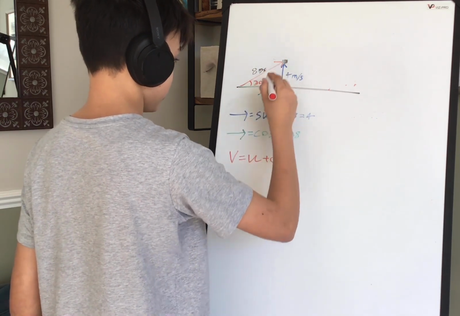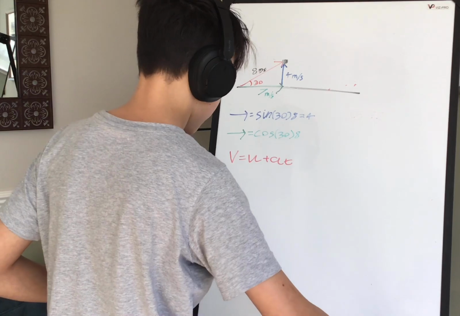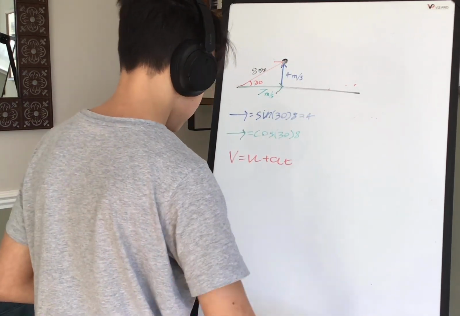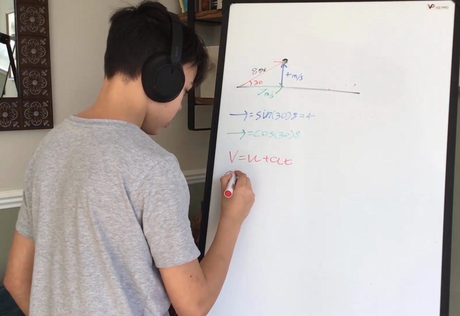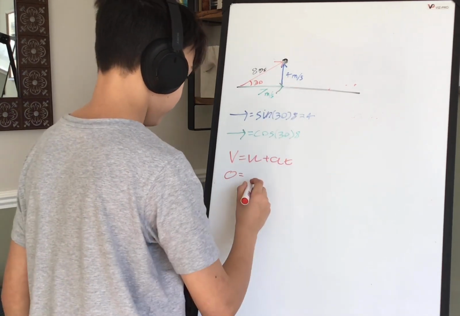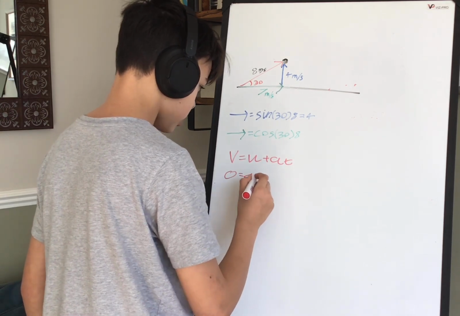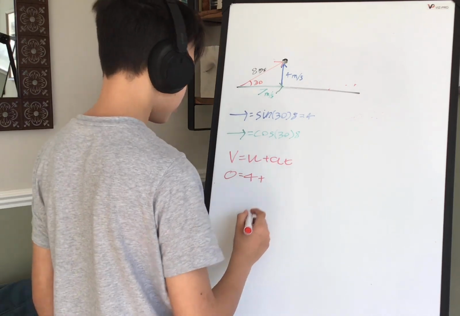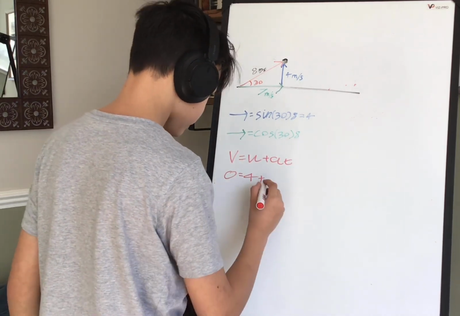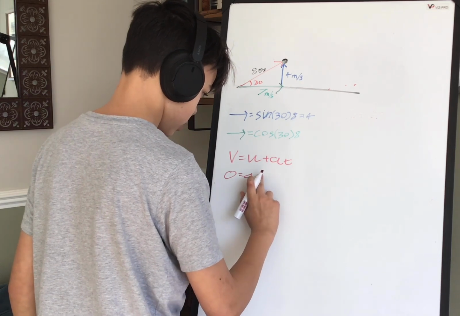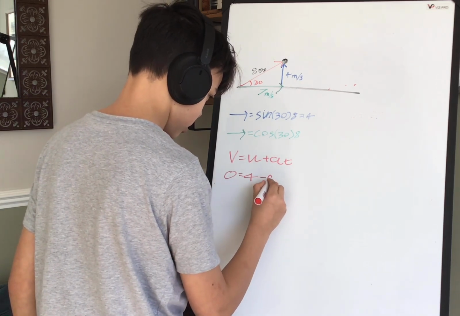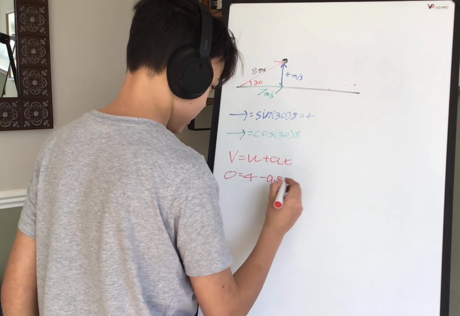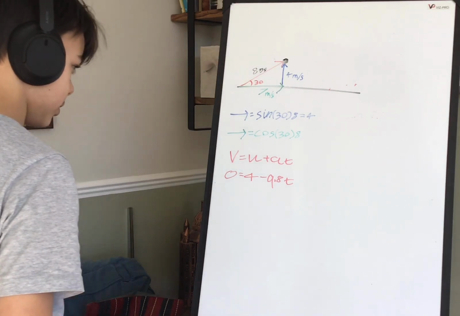We're going to work out the time up to the maximum height, and then we'll double it, which is why our velocity is 0. So we have 0 equals initial velocity, 4, plus the acceleration, which is going to be negative 9.8 meters per second squared, right? Gravity. We would have a plus minus, so let's just put a minus 9.8. And then our unknown is t. So now all we need to do is solve for t.